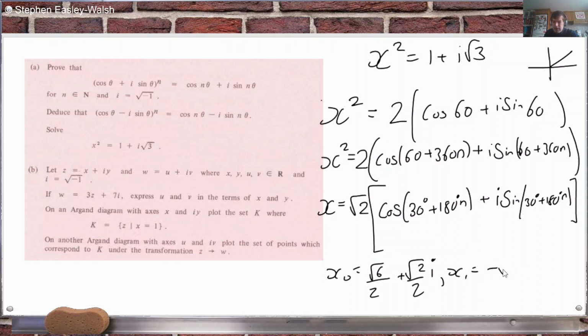So, oh yeah, it should be the negative, minus root 6 over 2, and then it should be minus root 2 over 2 i. Okay, so that's the two solutions there for that. That's a proof there, and that's done there. Okay, next now.